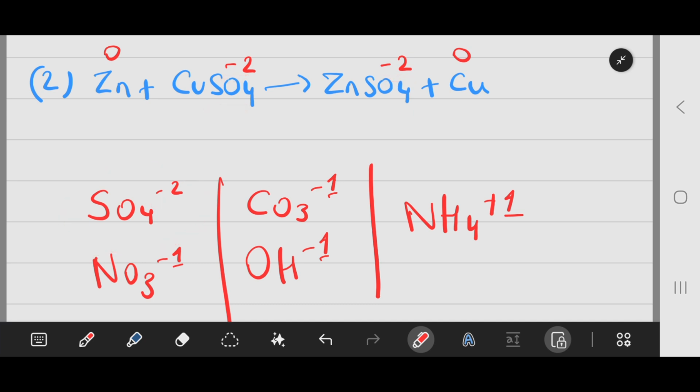Now for the rest of the chemical equation, if SO4 is minus 2, then copper will automatically be a plus 2, because how will the compound be 0 if it's not a plus 2? For zinc, it's also the same story because SO4 is minus 2. It will be a plus 2 because how will the compound be 0?